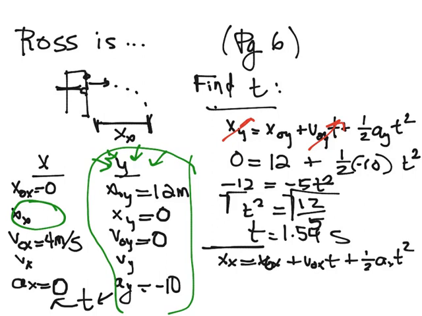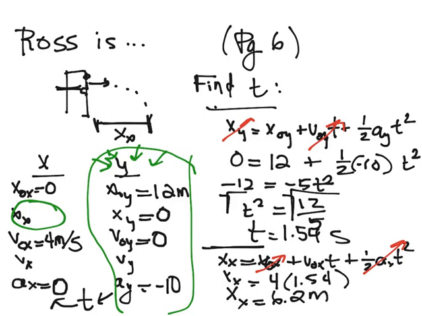I know that x naught x is 0 and acceleration in the x direction is 0. And I end up with xx equals v naught x, which is 4, times 1.54, and I get 6.2 meters. So what that's really saying is he throws the bag and it ends up 6.2 meters from the cliff.